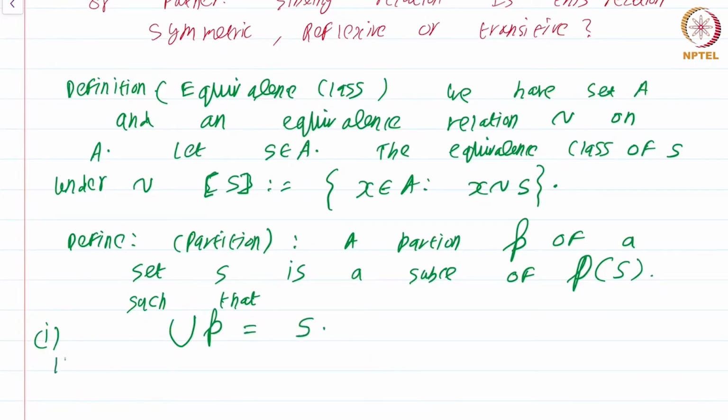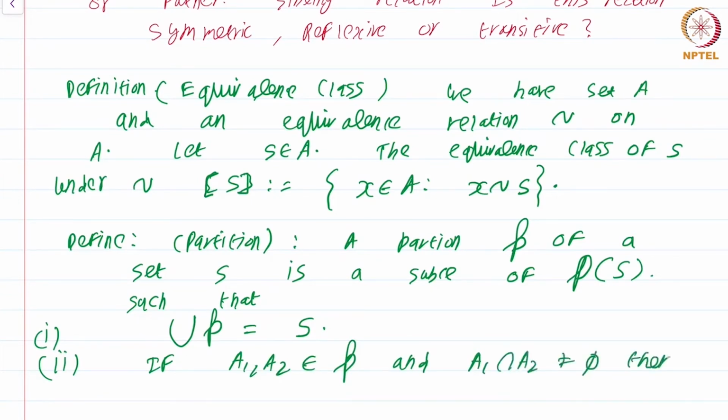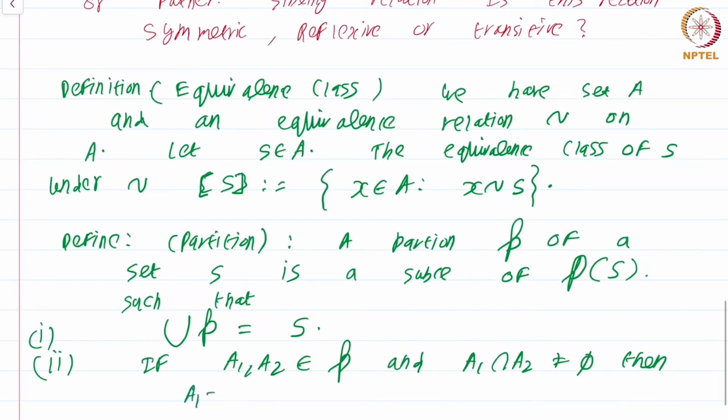Second, if A1, A2 are in P and A1 intersect A2 is non-empty, then A1 is equal to A2.